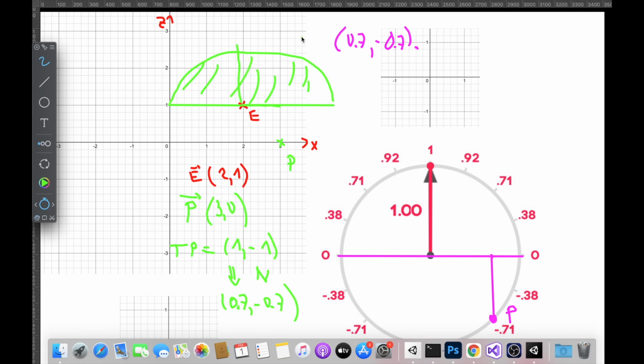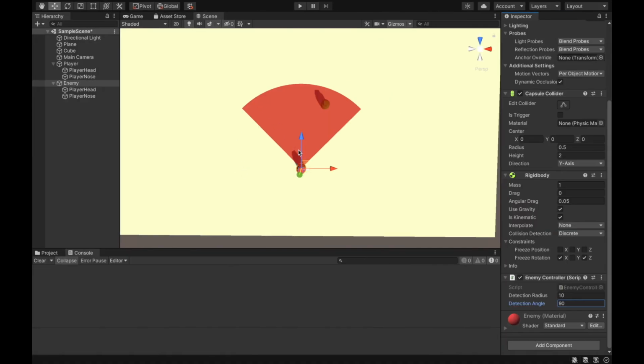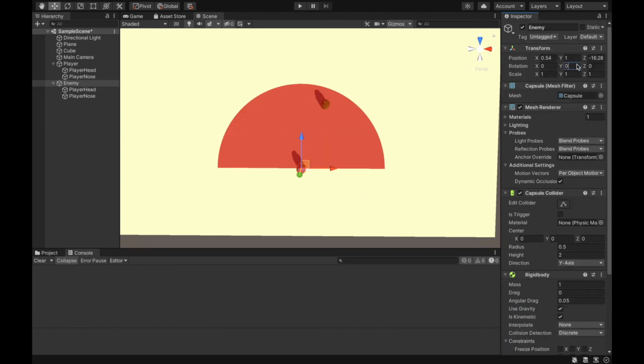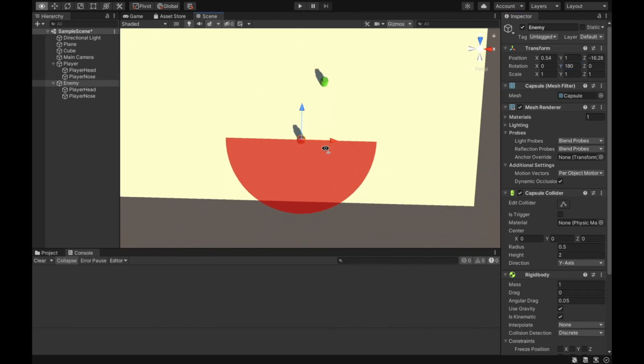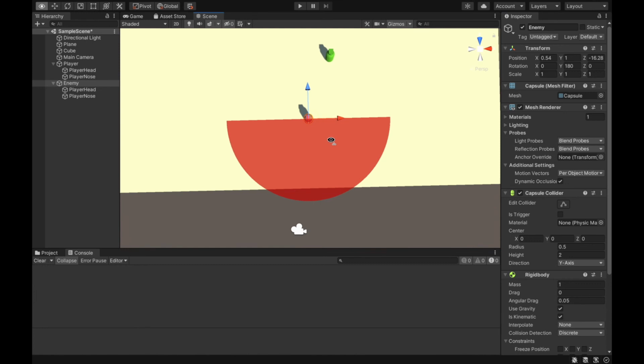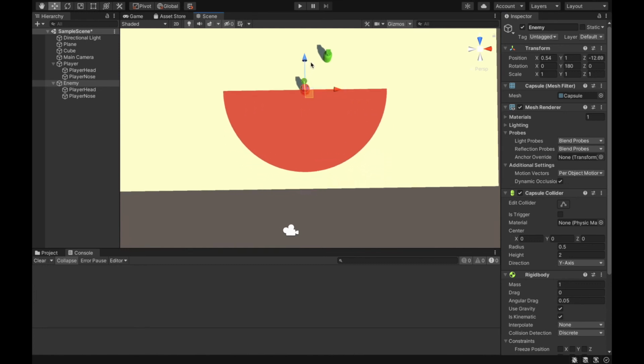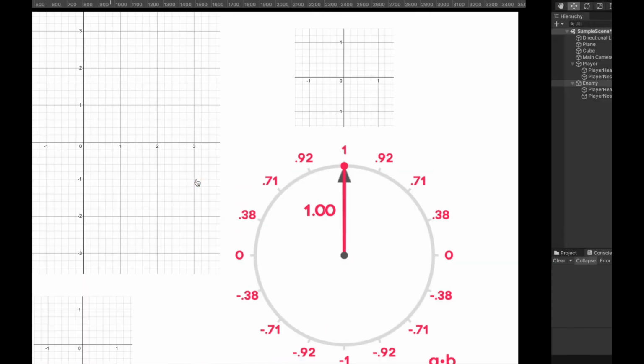If you want to imagine it in Unity, basically I would like to set here first of all a 180 degrees angle, and I would like to turn the enemy back, so I will just say here a rotation of 180 degrees. This will be my rotation angle now. So I'm detecting whatever is behind the enemy. All right, let's continue with the drawing.